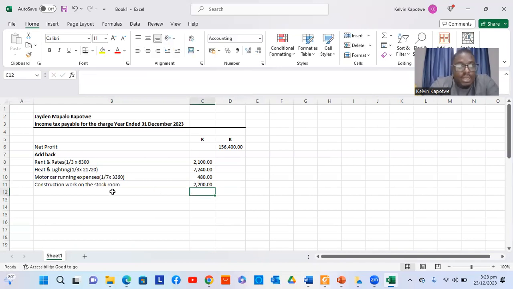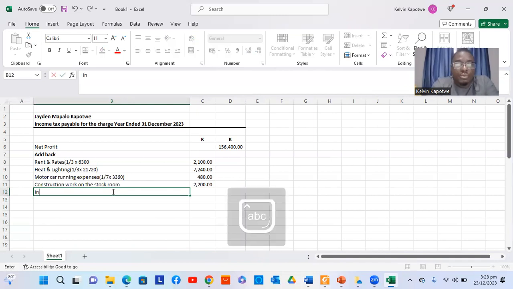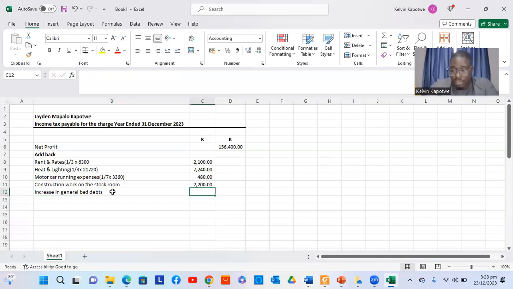All right. Then the other thing we are going to do is increase in general bad debts. If there's an increase in general bad debts, we are going to disallow that. I gave the reason, so I'm not going to labor on that. The increase we found in the bad debt account is 2,000 kwacha.